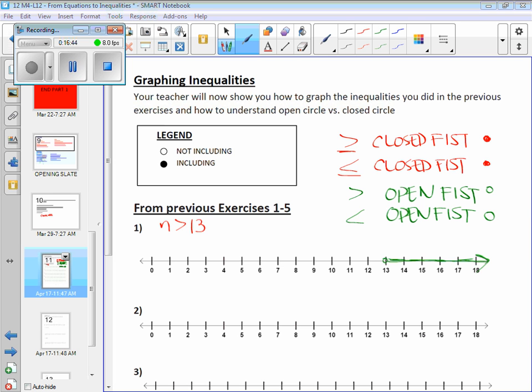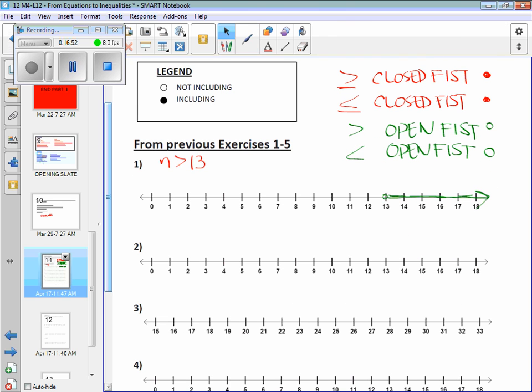Okay? Need somebody to look back and tell me what the inequality was for exercise number 2. Go ahead. Y is less than, can it be equal to?